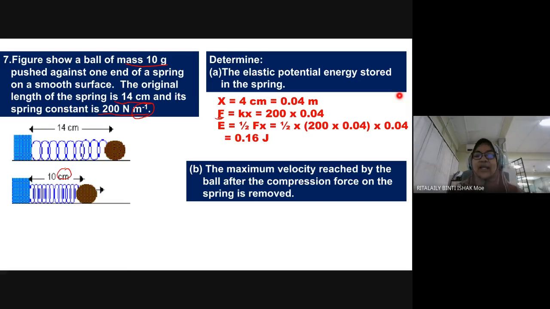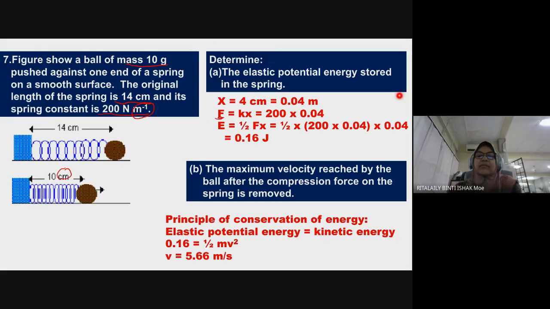Very good. Okay, so who knows what is the formula for kinetic energy? How do we calculate kinetic energy? Ingat lagi tak? Siapa ingat? Half mv square. Okay, very good.